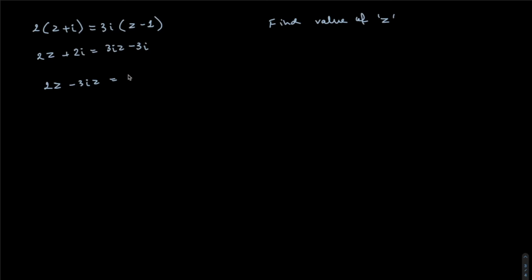So it'll be minus 5i, right? Minus 3i minus 2i, minus 5i. Okay, so now let's factor out the z's. We'll have z times 2 minus 3i is equal to minus 5i. So z will be minus 5i upon 2 minus 3i. Okay, and that's it, right?